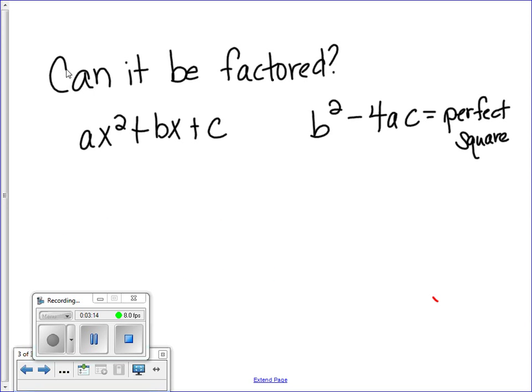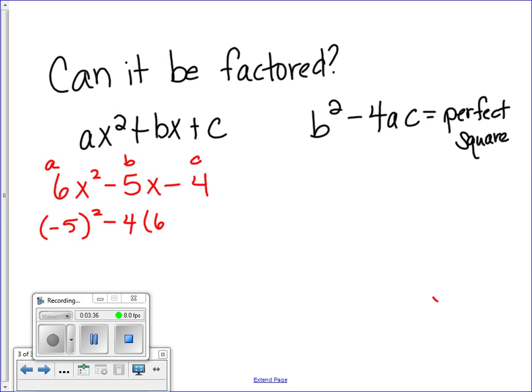Let's try this one. Alright, b squared minus 4 times a times c. What does that one equal?